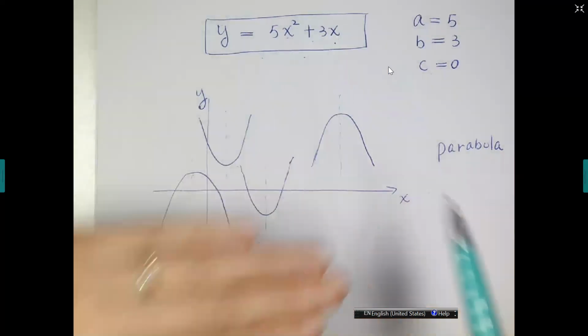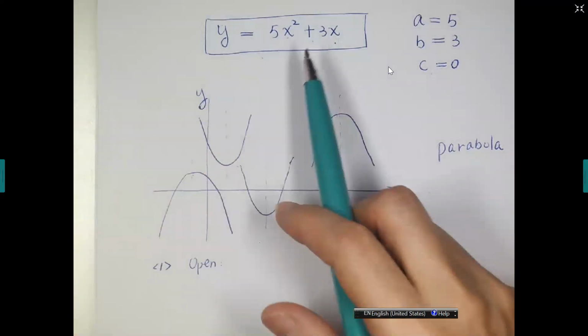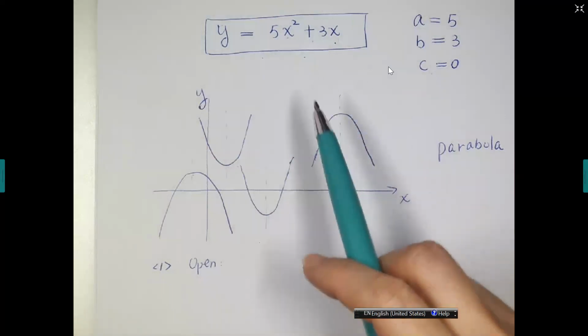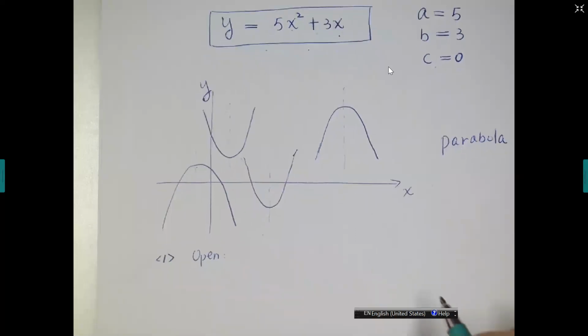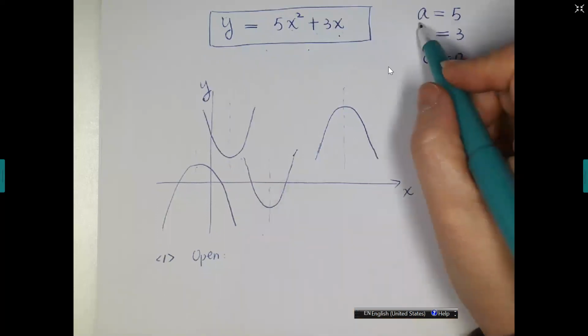We do not have to look for a lot of points and then connect them. Without doing this, can we know the opening directly? The answer is yes. So this is what we are going to memorize. We are going to check the coefficient A.